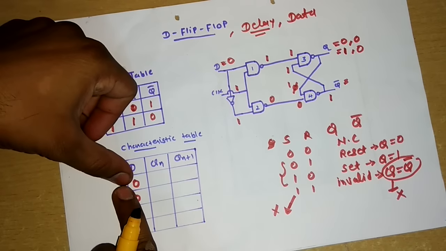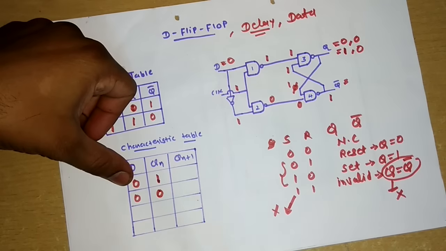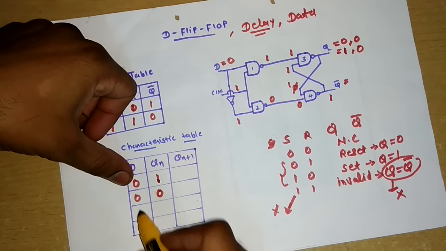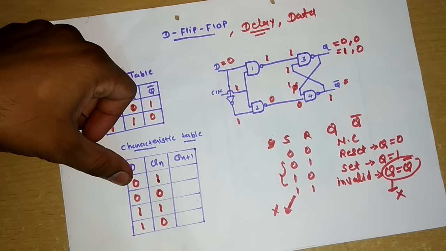So when you put 0, it may be possible that your flip-flop is in set state, or it may be in reset state. Similarly, when you put D equal to 1, these two states are possible.